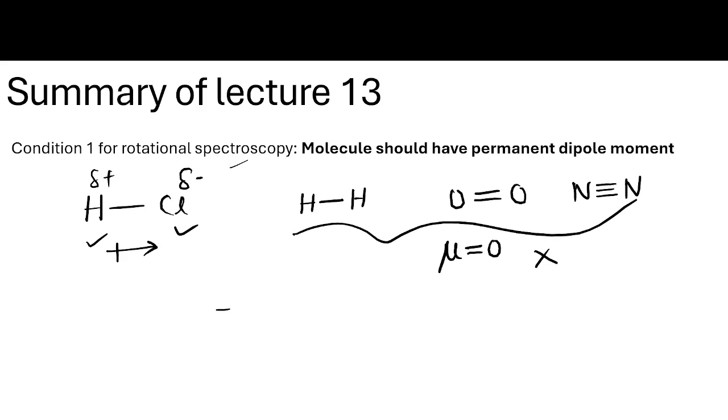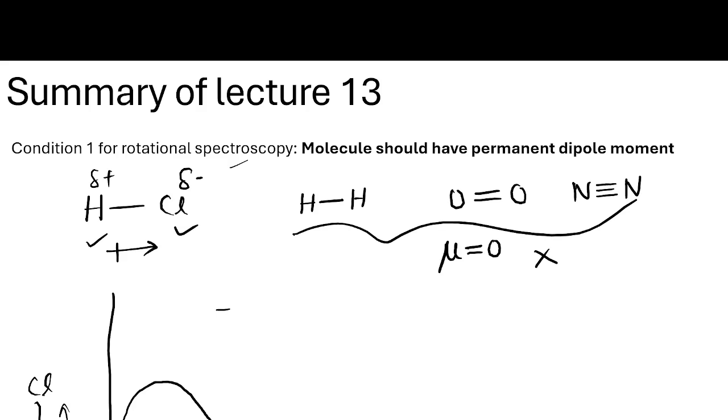How? Let's try to understand. Okay, so we are plotting like this. Let's say this is our molecular axis, and the dipole moment is in this direction. Initially it will go like this, and at this point the molecule will become like this after rotation. Let's say Cl is here and hydrogen is here, so it's rotating like this, and then this, and then this, and it will go down again.